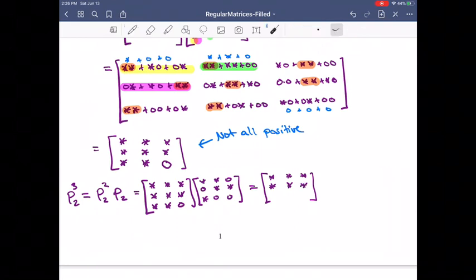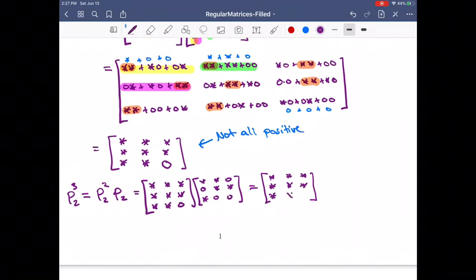Okay, now what about this third row? So this row times this column, I'm going to hit these first 2 stars. That's good. This row times this column, okay, these first 2 are going to hit. Okay, that's fine. And this row times this column, the middle ones are going to hit. So I'm going to hit all 3 stars.